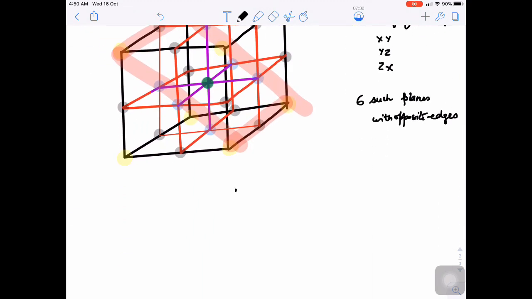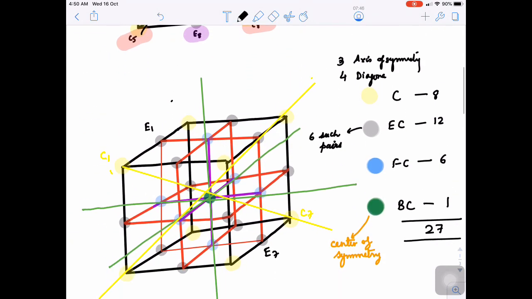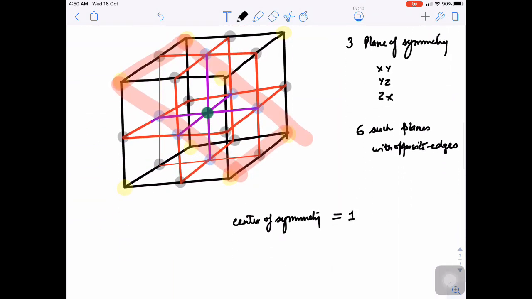So if you go back and just see, we now have center of symmetry. Center of symmetry is 1. Then we had 3 axes of symmetry. Then we have 4 diagonal axes of symmetry.